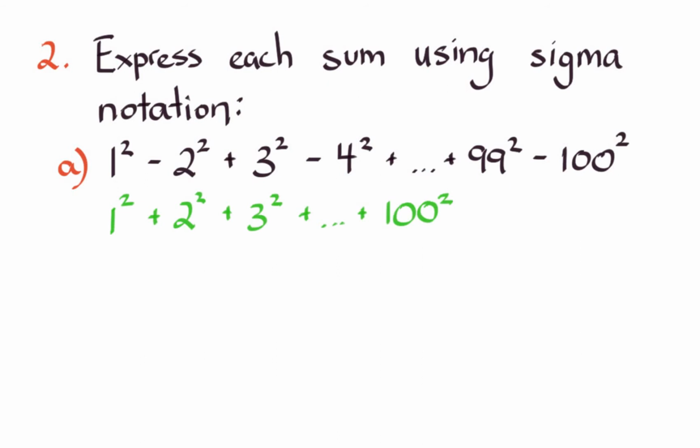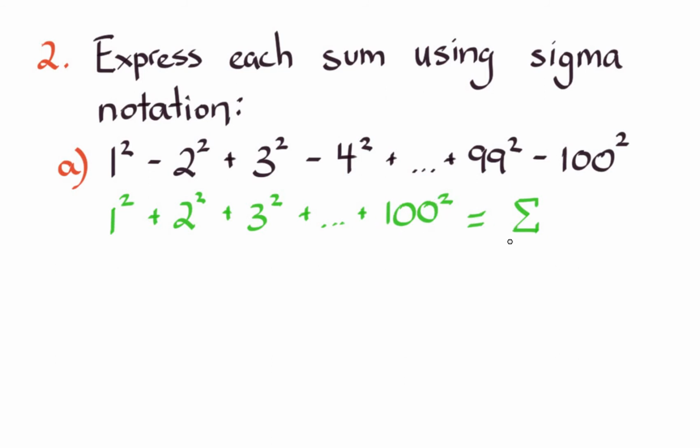Okay, so everything is positive. Let's just focus on this for a second. I know it's not the original question, but how would we express this using sigma notation? Well, it's a sum, so we draw our sigma. Where are we going from? We're going from 1 at the lowest to 100 at the end, the highest.